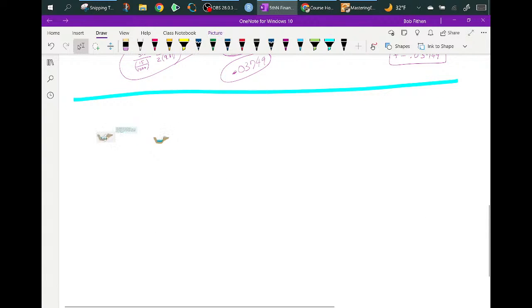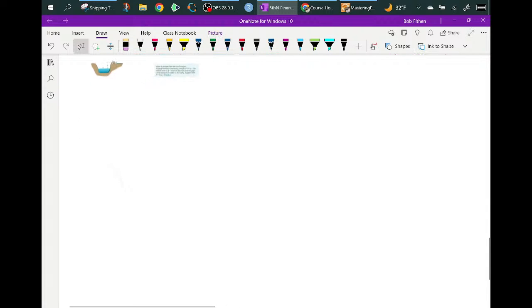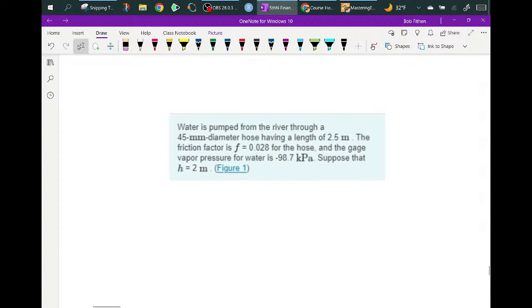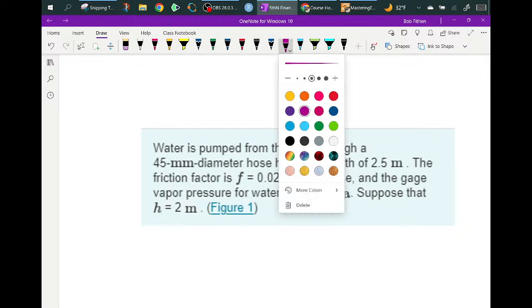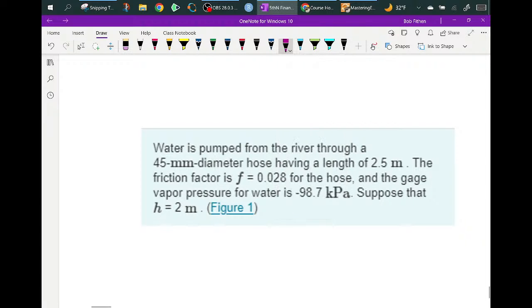Okay, this one might be the second problem. And the second problem says water is pumped from a river through a corridor. Here, let me get the echo off behind me.